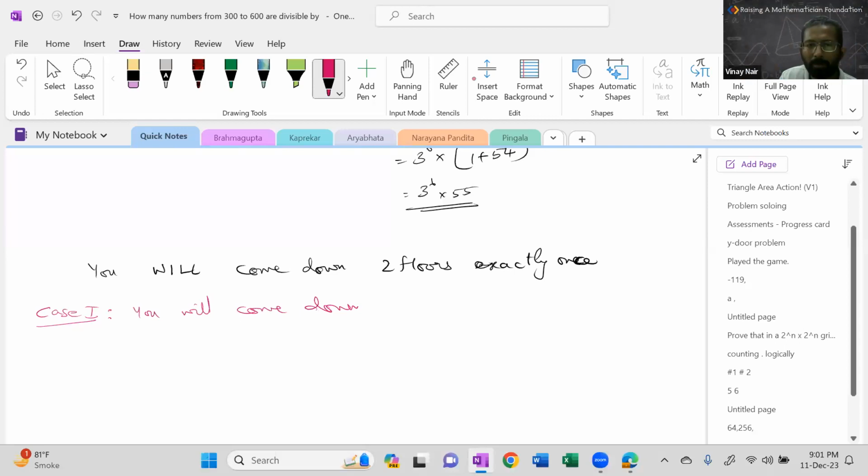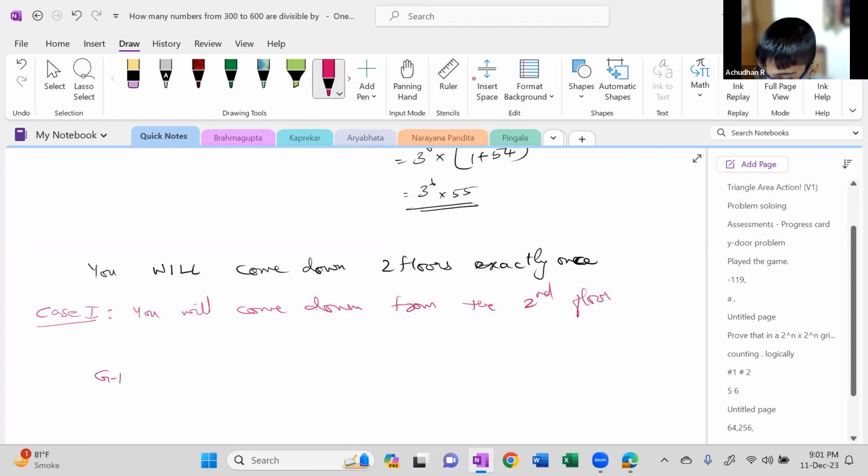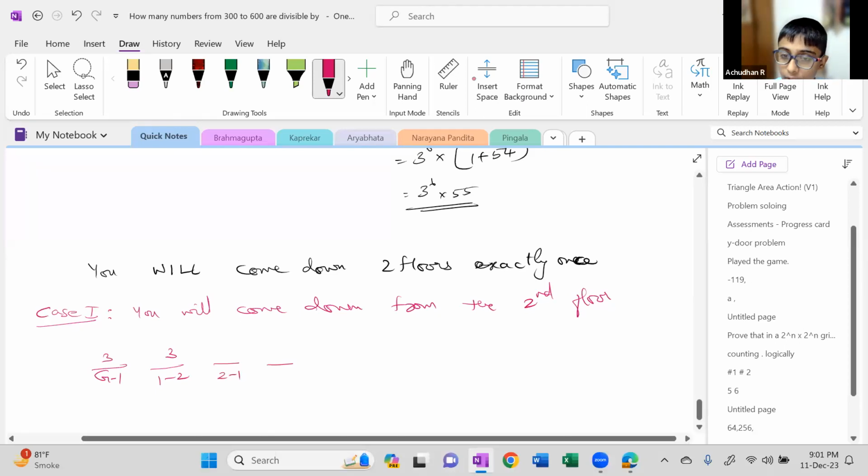We have 3 square number of ways to get to the 2nd floor and 3 square number of ways to get down from the 2nd floor back to the ground floor. So that will be 3 square times 3 square, and there are 3 power 6 number of ways just to directly get to the 6th floor from the ground floor. So that will be 3 square times 3 square times 3 power 6.